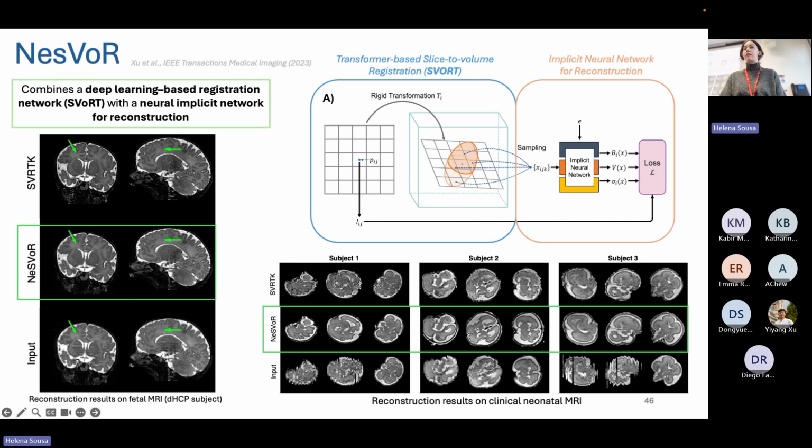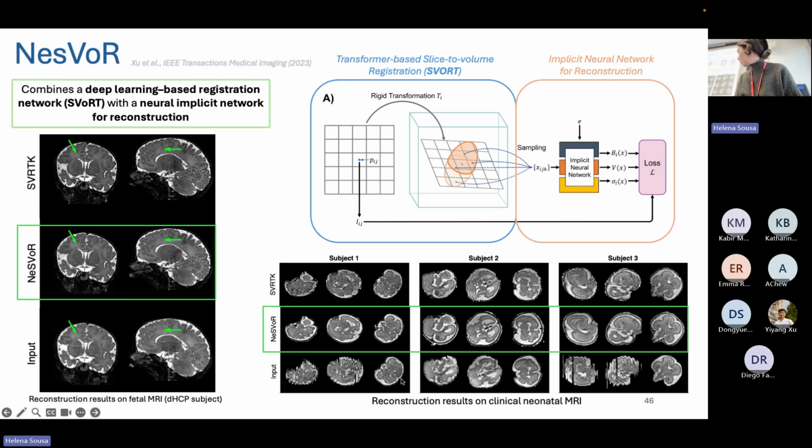So NeSVoR has mainly shown advantages in fetal and neonatal reconstruction, since it's where we usually have a lot of motion. So I just put here some examples that they show in the paper, where hopefully you can see that NeSVoR can tackle some artifacts that the classical methods, which is SVRTK here, have.